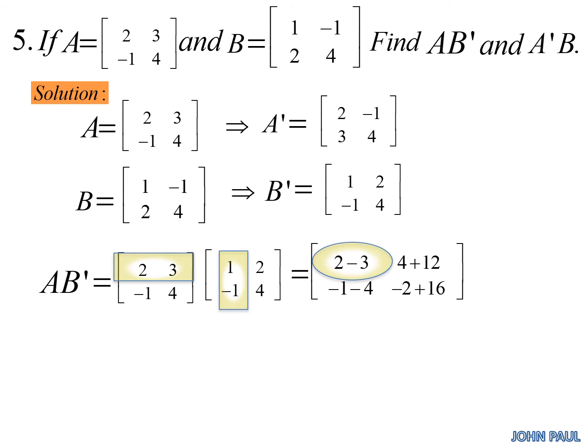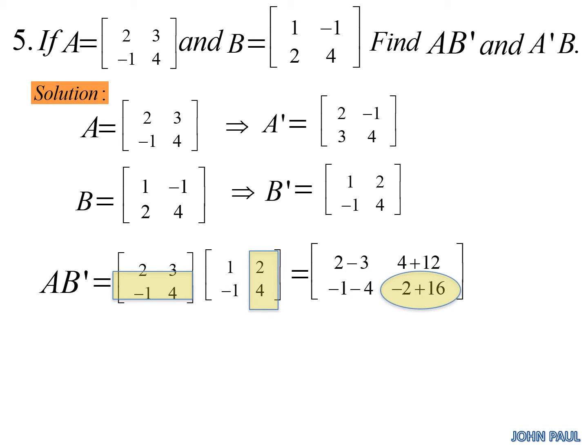We'll multiply the first row with the first column, second column, second row with first column, second row, second column. We get minus 1, 16, minus 5, 14.